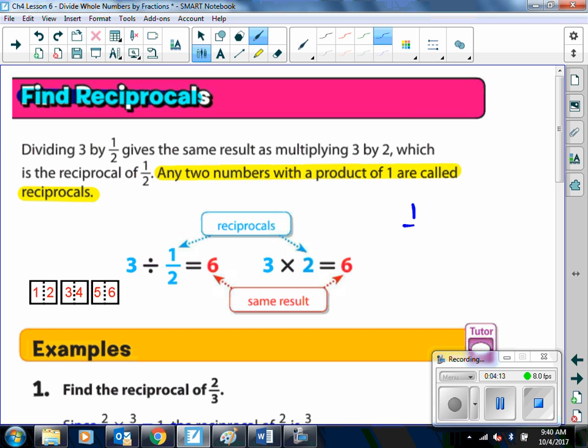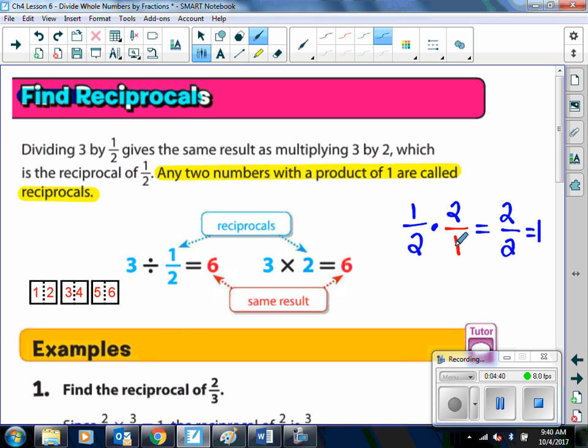If I have 1/2 and I multiply times 2, and remember, we can put this over 1 if we want to, when we multiply straight across, we get 2 over 2, which is equal to 1. So, 1/2 and 2 over 1 are reciprocals.